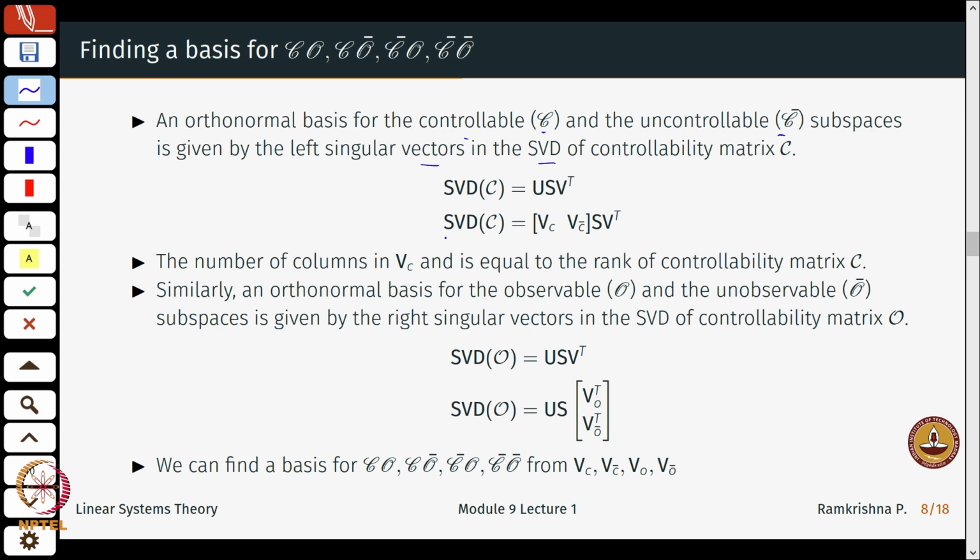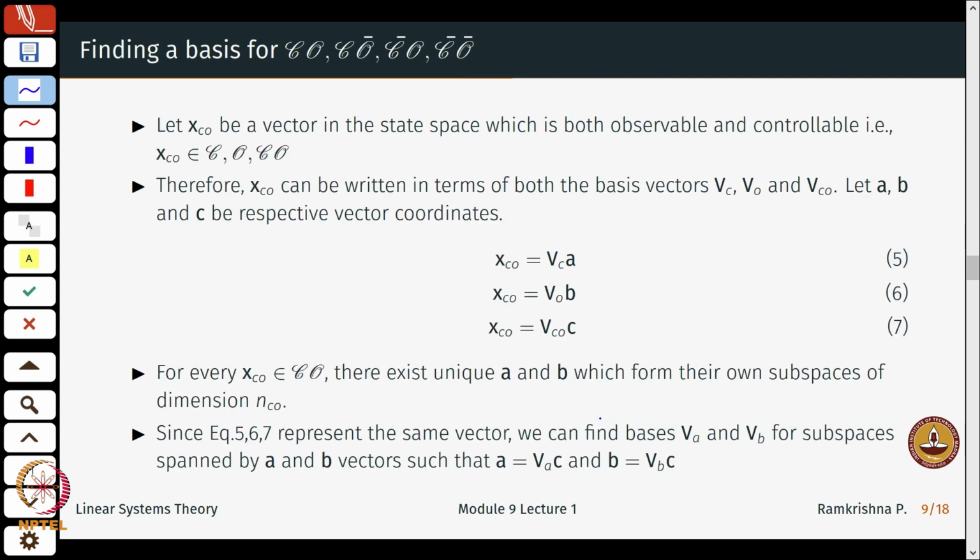So, the singular value decomposition of this C would precisely have these terms here, like VC and VC bar, which we derived earlier, and similarly for the observability matrix, here I will have V and VO transpose. So, this was the basis for the A invariant controllable subspace. This was the basis for the A invariant unobservable subspace. Okay. Now, so this is another way of looking at how to derive VC and VO bar, right. Okay. It's the same process. You could just verify it quickly.